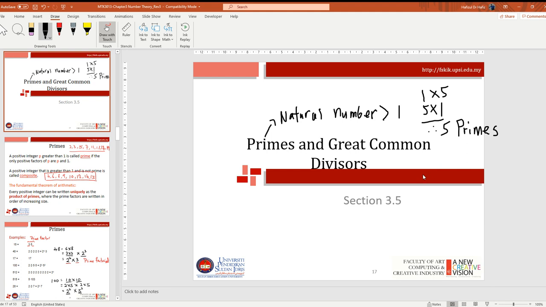The other prime numbers less than 100 you can list, for example 2, 3, 5, 7, 11, 13, and so on, until 89 and 97. These are prime numbers.